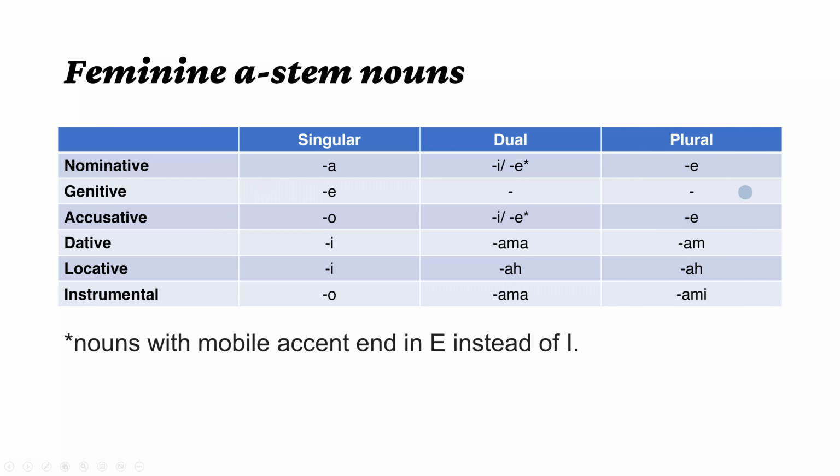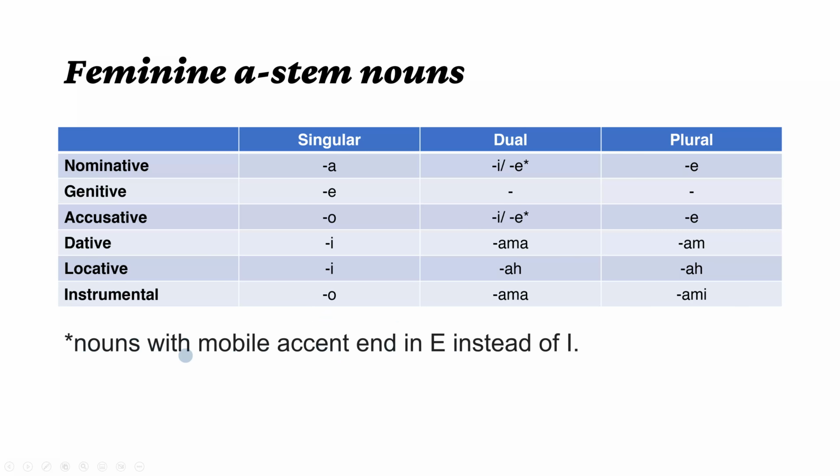So these are the endings for singular, dual, and plural. And in the case, sometimes in dual, in nominative and accusative, we have e as an ending instead of i. This is for nouns with mobile accent, and so these end in e instead of i.